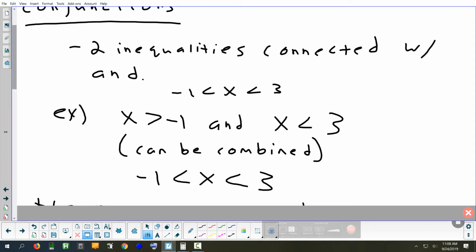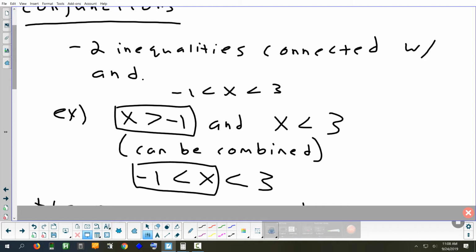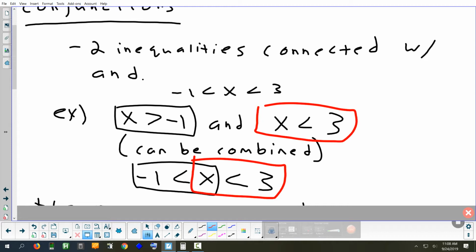When you combine it, it's almost like the word and is hidden. Okay, you don't see the word and anymore. But if you read it, that's how you'd pronounce it. X is greater than -1 and x is less than 3. So this part is right there. And this part is right there. Okay, so you should be comfortable with combining them together or splitting them.